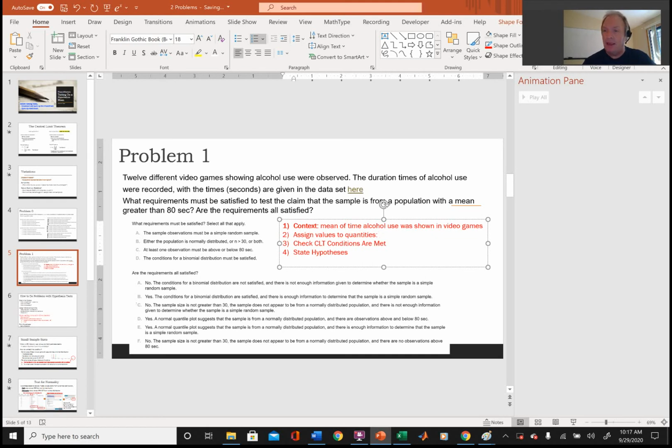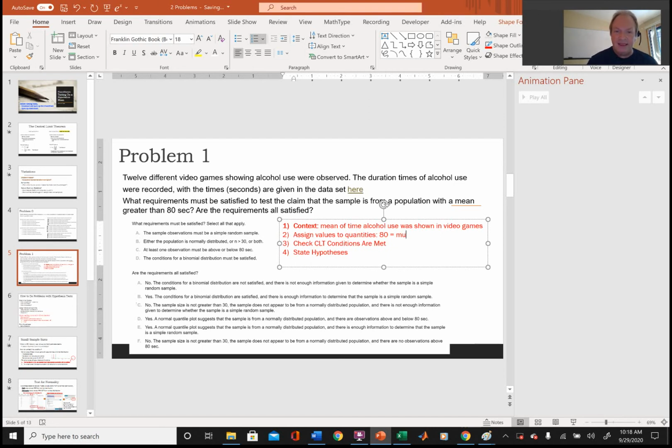Is it a population or a sample mean? You have to ask yourself, where did I get this value? Is it associated with a sample that was taken, or am I given that it's from a population? And here we're told that it's from a population. So 80 is going to be equal to mu, our population mean.